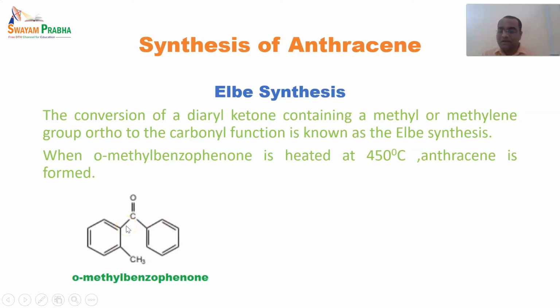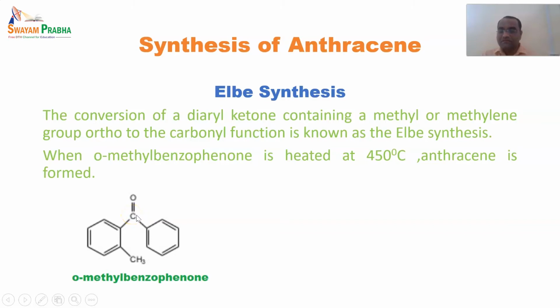Benzene is different and benzyl is different. Benzene is restricted to only an aromatic ring, but when it has one bond, it is said to be a phenyl. And when this phenyl has one more carbon, it is said to be a benzyl.